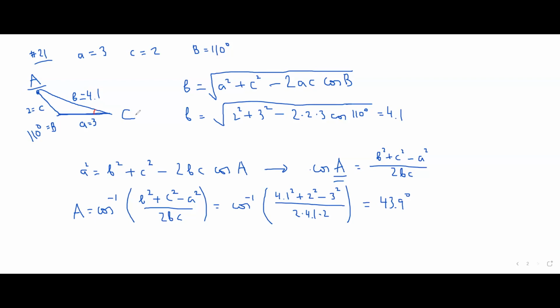So if this is going to be my 43.9, then I can find angle A by subtracting these 2 angles from 180 degrees, right? And this is much faster, and I highly recommend you to do this instead of messing with this law of cosines, or you could use also law of sines if you like.